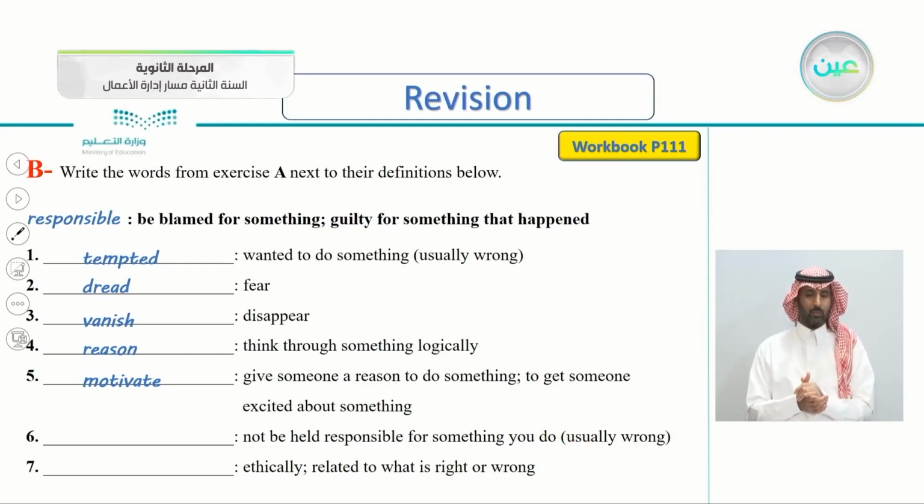To not be held responsible for something you did, and this is usually something wrong. It's the word get away with. To get away with something means to not be accused, not be held responsible for doing something. Usually this thing is wrong.